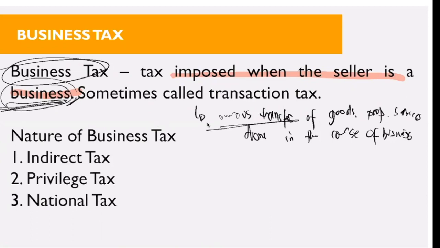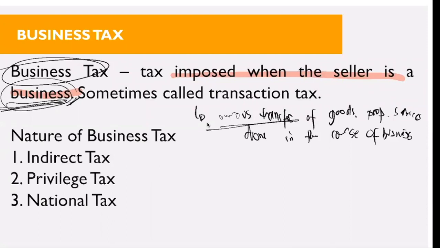Take note, guys, that maybe you are now asking yourself, how about your capital gains taxes? How about the ordinary sales under your gains and dealings in properties? Why are they not subject to business tax?